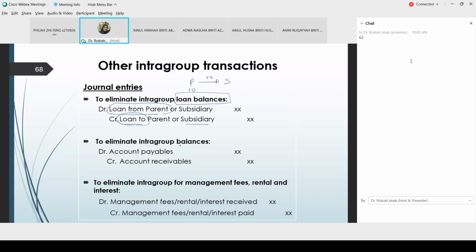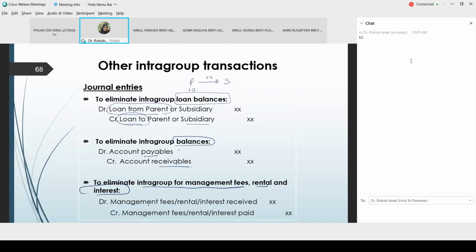Another thing that relates here is the accounts receivable and accounts payable between parent and subsidiary, when there is a sale of inventory, for example, and you have accounts payable and accounts receivable. To eliminate them, debit payable, credit receivable. Then the other intra-group transactions relate to management fee, rental and interest, including the interest on the loan.